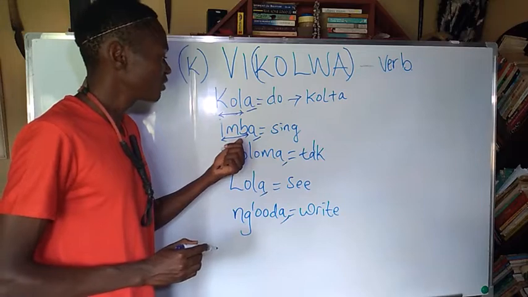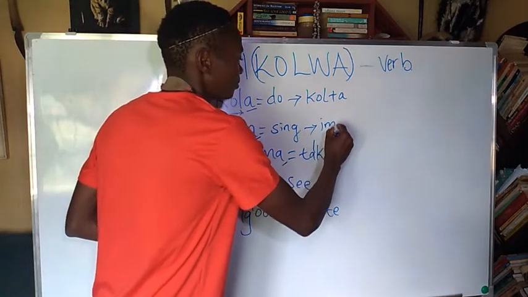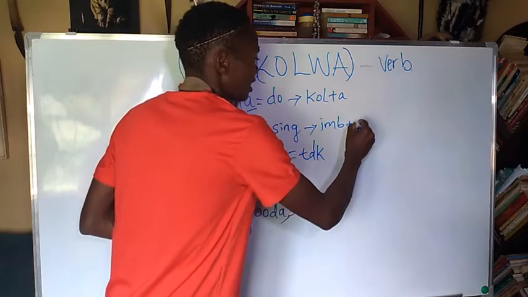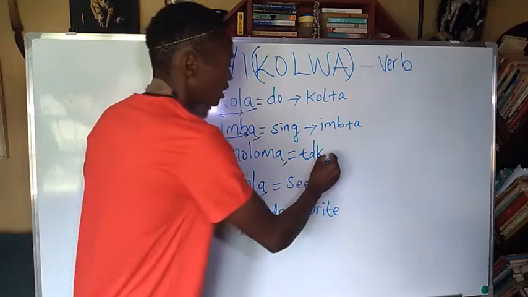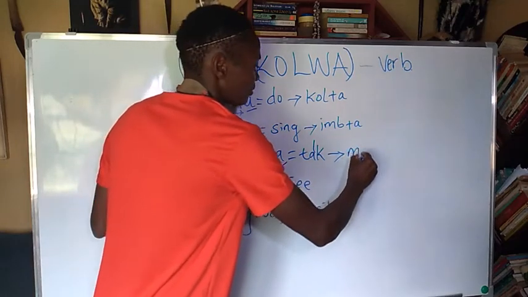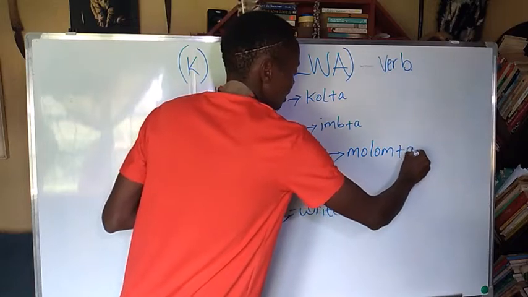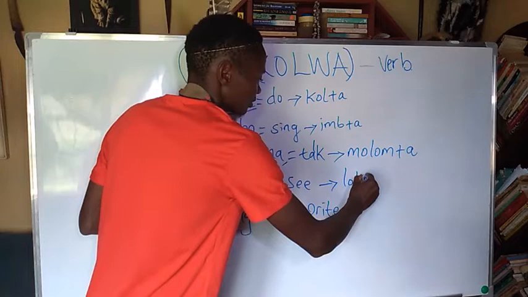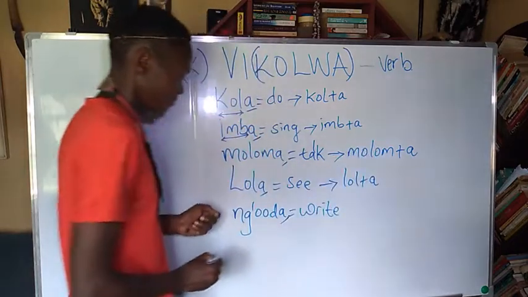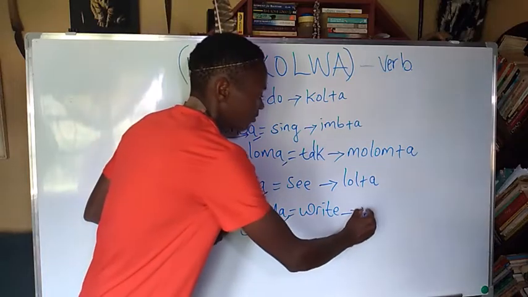If we are to differentiate this, we have imb and an a. The same way to talk, that way. And ngod.